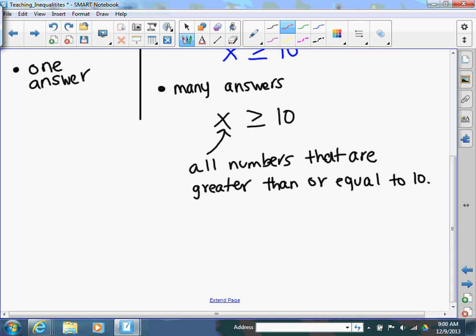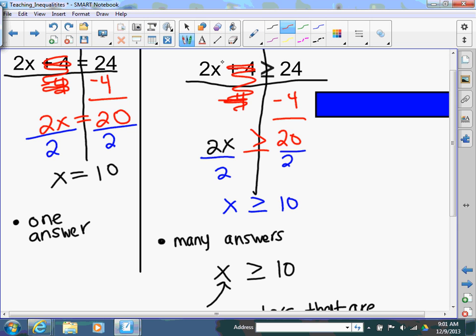Give me some numbers that are greater than 10. 11, 12, so 11 will work, 12 will work, 13 will work, 14 will work, 15 will work, and so forth. 100 will work, 200 will work, 1,000 will work. That means I can plug any of these in place of this x, and it will be true.